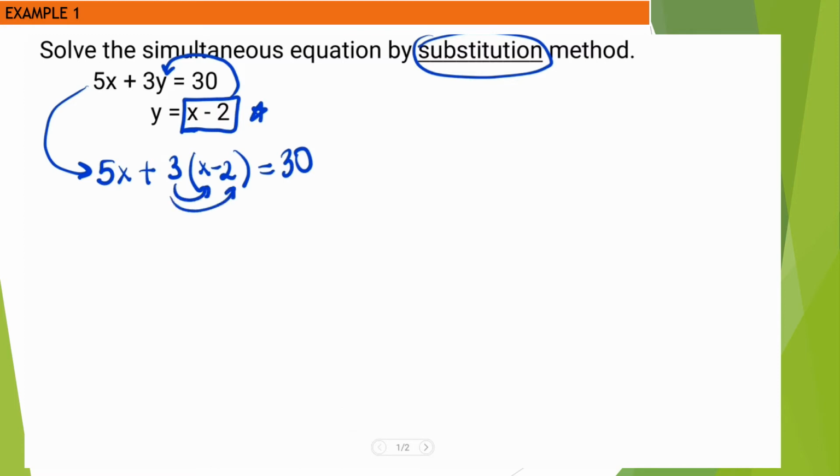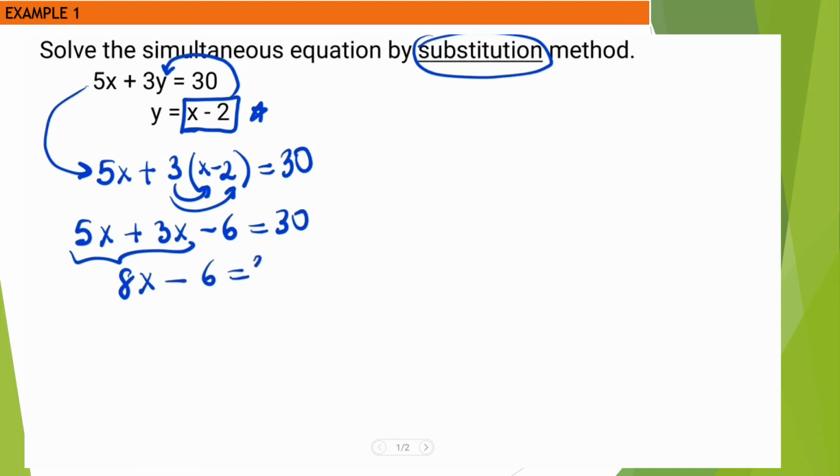Open the bracket first. 5x plus 3x minus 6 equals 30. Combine your x terms. They make 8x minus 6 equals 30. 6 goes to the other side. You will have 36 on the other side.